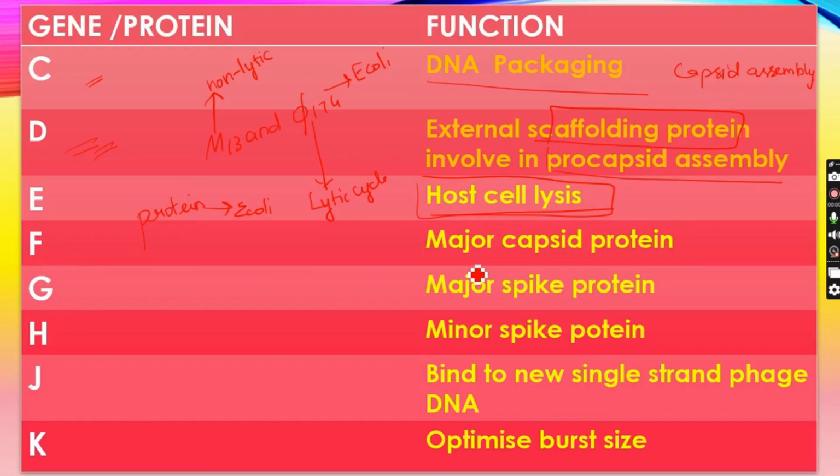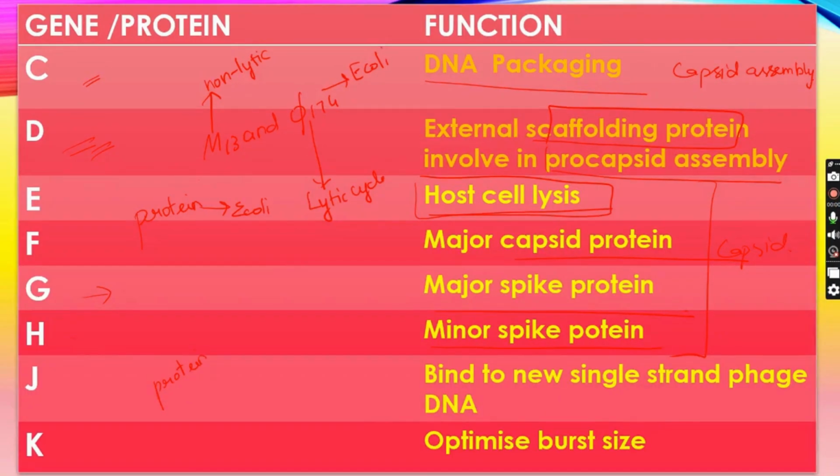The F gene produces the capsid proteins, the G gene synthesizes spike proteins, and H synthesizes minor spike proteins. These are all the capsid components. And J synthesizes a protein that binds to the single stranded phage DNA, and it causes DNA packaging.